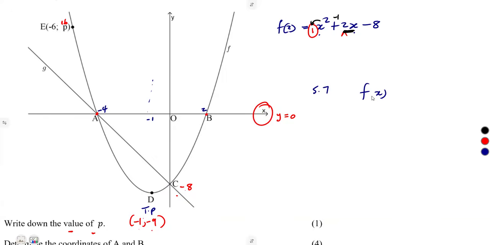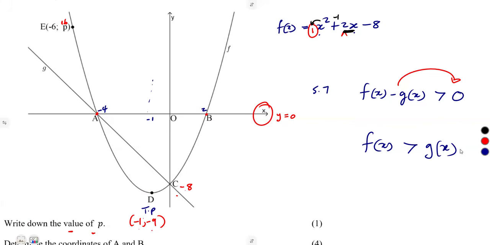They want a condition where f of x minus gx is greater than 0. Since there is nothing here, let us take this minus gx to the right-hand side so that it's going to be a positive, and it will be easier for us to solve. F of x will be greater than gx, which is a condition that is well known to us. We simply need a condition where f of x is above gx, on top of gx from the graph.